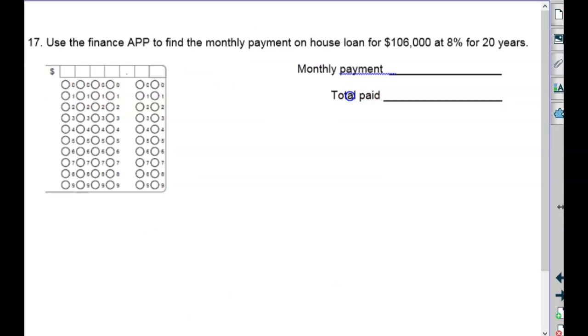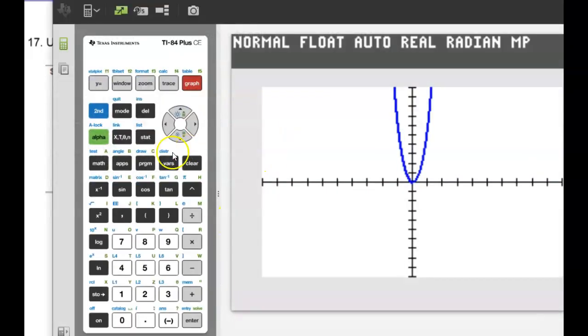All right. Use the app to find the monthly payment on a house and the total paid. We're going to put in the monthly payment here because you need practice with these gridded responses, because they are on the SAT. This is an app question.